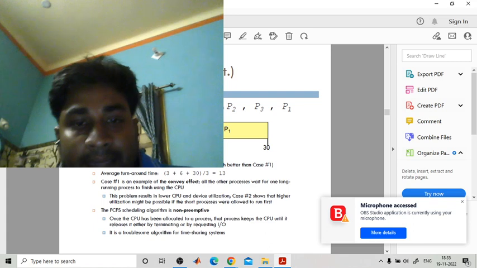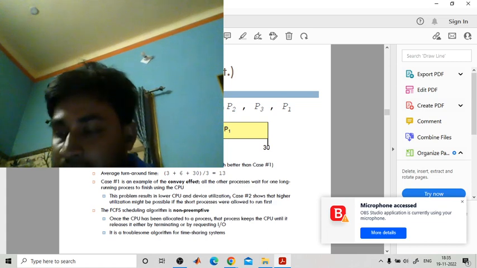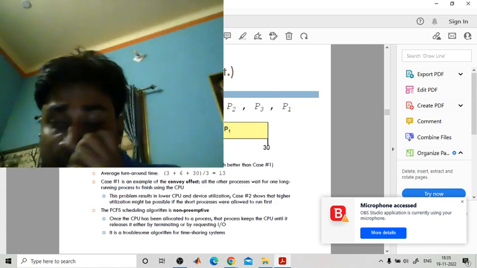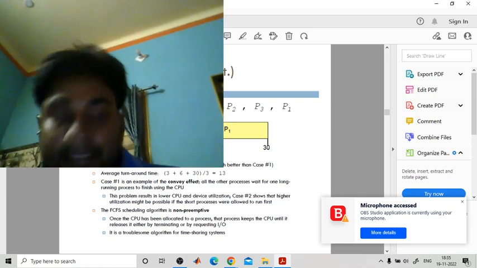If we find the average waiting time here, then that will be 6 plus 3 plus 0 by 3. That means 3 will come here, and this is actually better than the previous one.